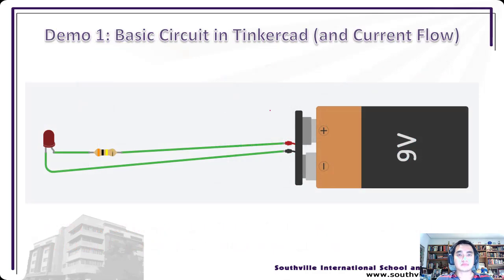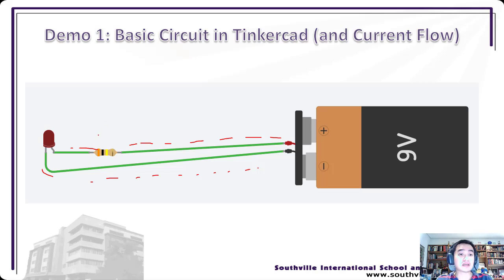We're going to be creating this LED demo in Tinkercad in a while, and you're going to see the electricity flow to the LED and back out to the battery. So this is a simple circuit you can build at home with a battery, a resistor, and an LED.